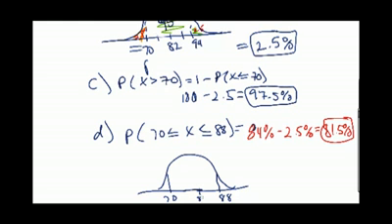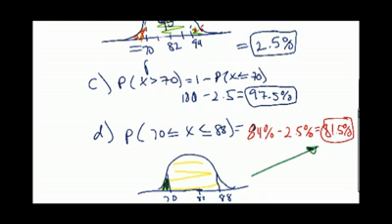And also 82 is closer to 88, however you want to look at it. So if I want it in between these two, what I have to do is take everything to the left of this and then take out that little portion of that. So we do that 84 minus that 2.5 to get the 81.5.